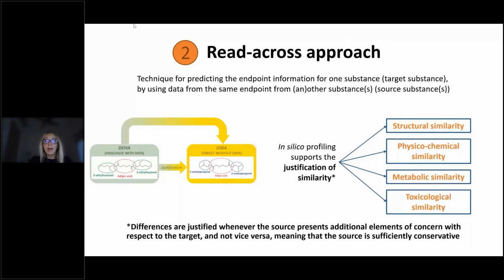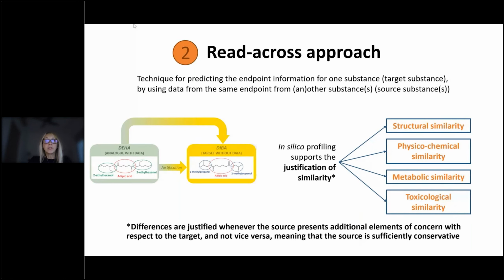The second element consists in the read-across justification, which is aimed at providing the rationale to support the use of available experimental data of the analogues to predict the property or the endpoint of the target chemical. And this justification is focused on similarity considerations of the analogues as compared to the target chemical, where these similarity considerations really are crucial and they drive the read-across argument.